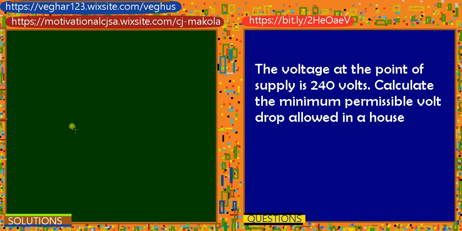So here we're going to check the permissible voltage drop for this one. We are checking how much the voltage drop is. If we check the voltage drop for 240, how much is the permissible voltage that will be allowed to be supplied?